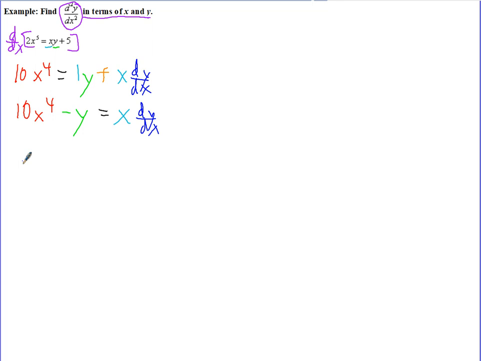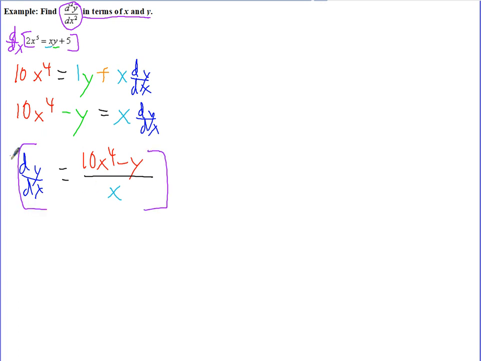So I'm just going to flip the sides here, so dy dx on this side. First derivative, with 10x to the fourth minus y divided by x. And once you have the first derivative, then you can move on to find the second derivative.